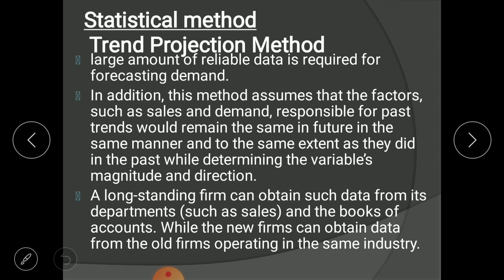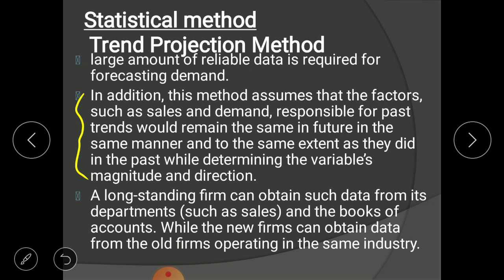Then secondly, this method assumes that the factors such as sales and demand responsible for past trends would remain the same in the future in the same manner and to the same extent as they did in the past while determining the variable's magnitude and direction. This second point simply means history repeats itself.